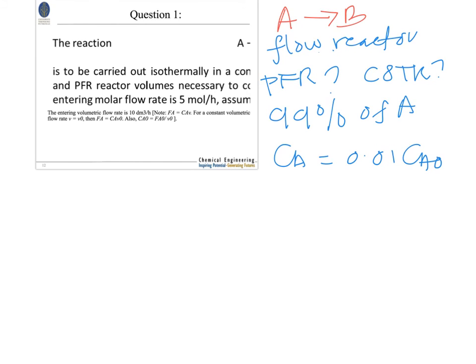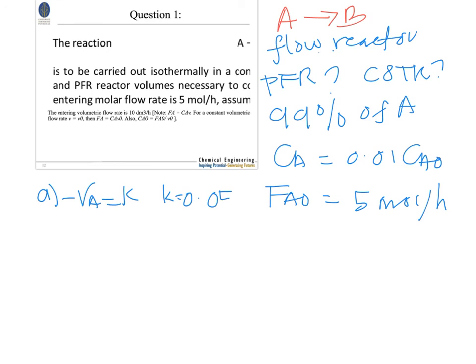The entering molar flow rate FA0 equals 5 mole per hour. For case A, you are given minus RA equals k, where k equals 0.05 mole per hour dm cubed.